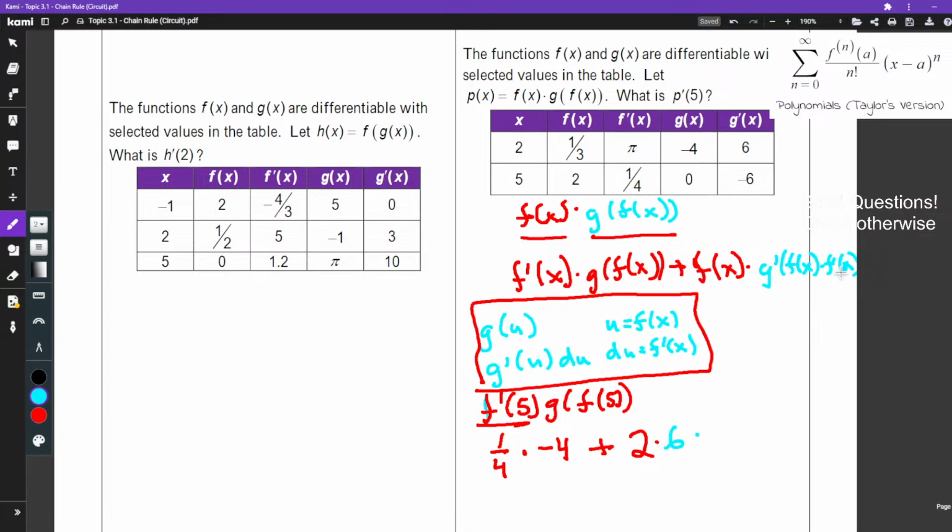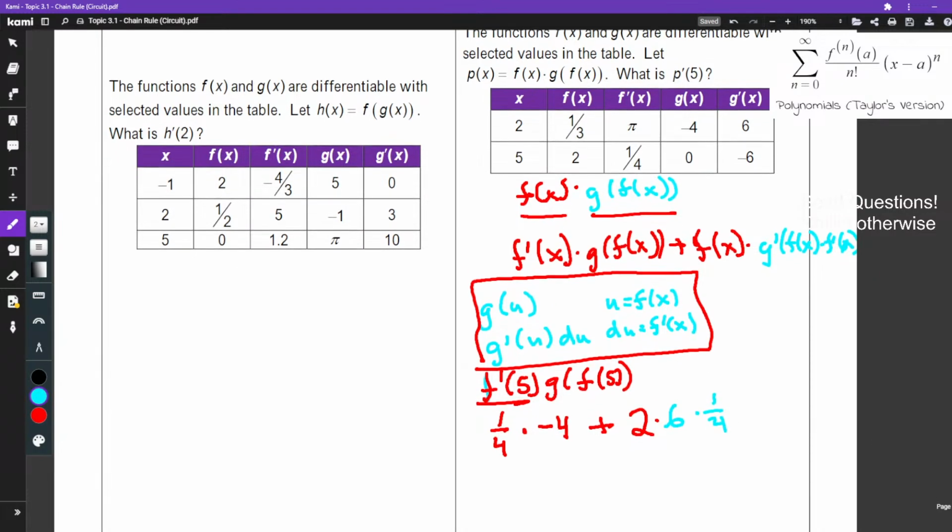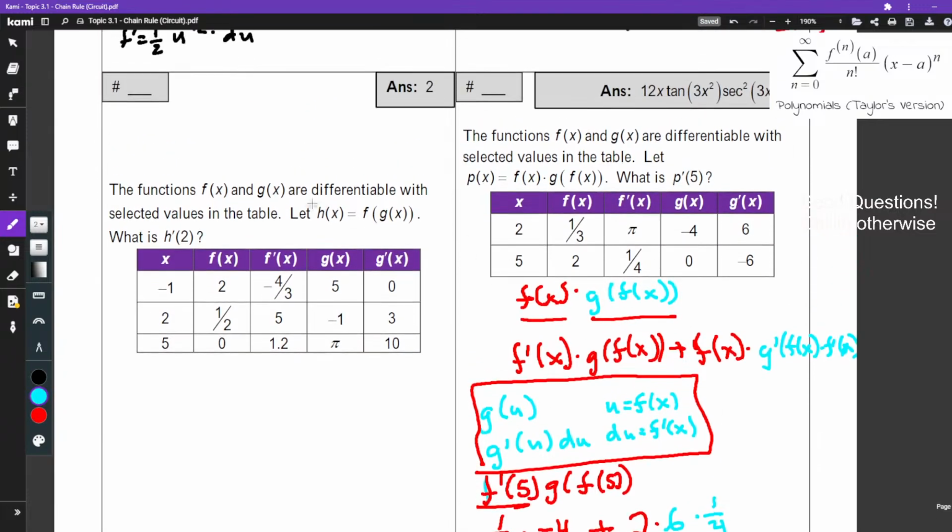Times f prime of 5. F prime of 5 is 1/4. This right here is just -1 plus 2 times 6 is 12 divided by 4 is 3, and that's equal to +2, which is the next one next to it.